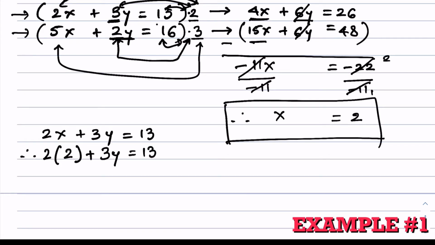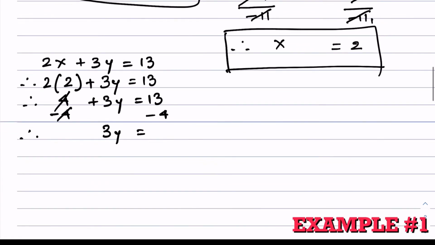So far I have just plugged in the value. 2 times 2 is 4 plus 3y equal to 13. What do I need to do now? Just subtract 4 on both sides. Then 4 minus 4 is 0, and I get 3y equal to 9. Divide both sides by 3. What do I get? y equal to 3, since 3 times 3 is 9. So I get my second value here.